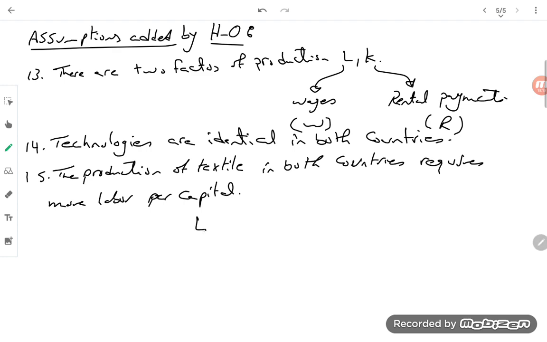So if you compare the labor capital ratio in case of textile to the labor capital ratio for soybeans, it's going to be greater for textile.